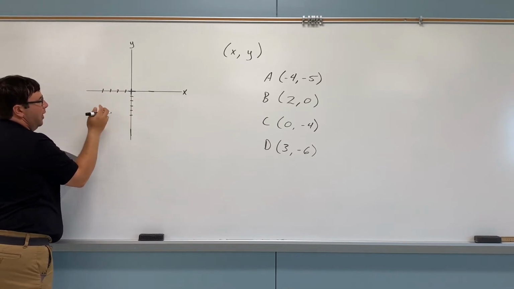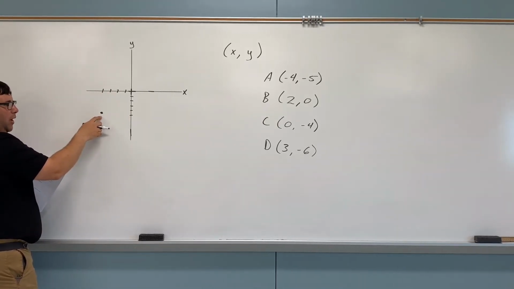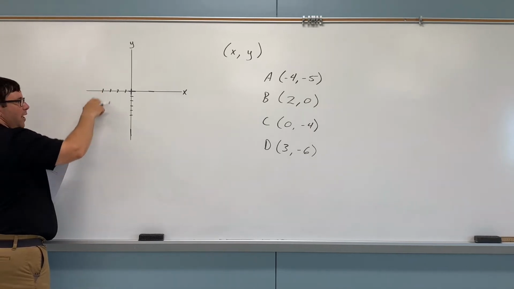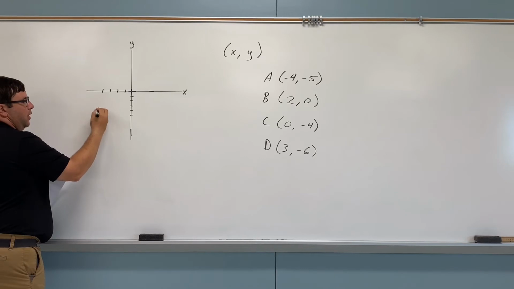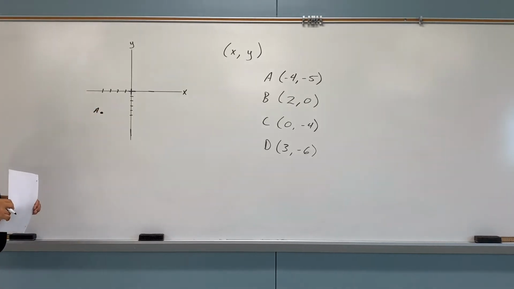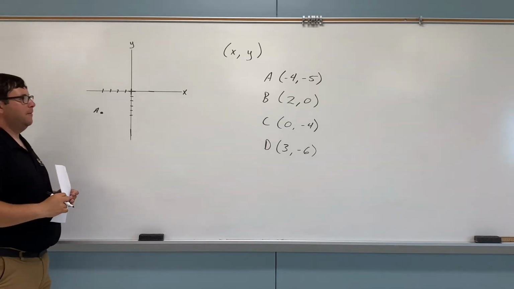And if I had grid lines that went all the way through, the intersection of those two valued lines would be right here at point A. Pretty easy.